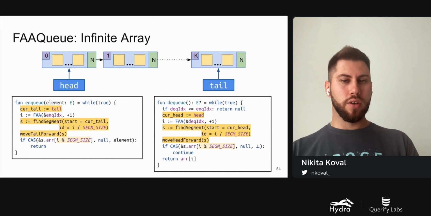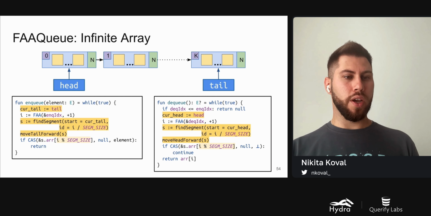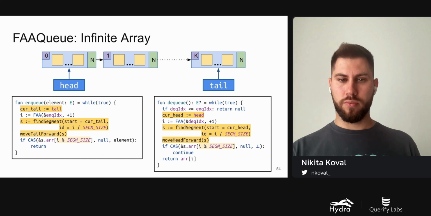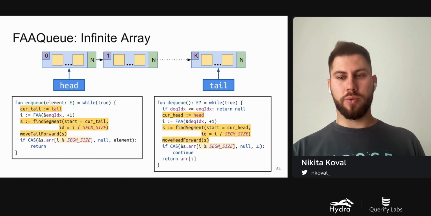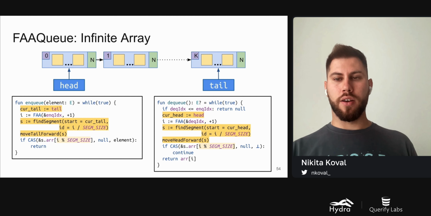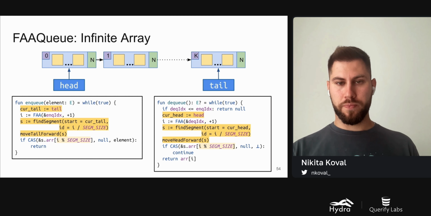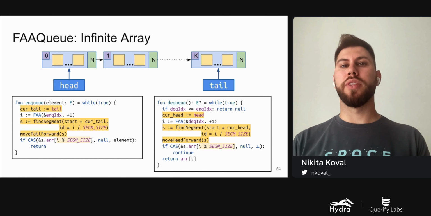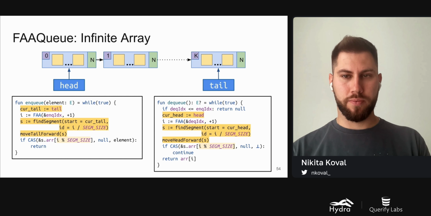Then we have the segment we need, and we know which cell we need, and we work with it. Exactly the same transformation should be done for dequeue. That's how an infinite array can be emulated in practice.